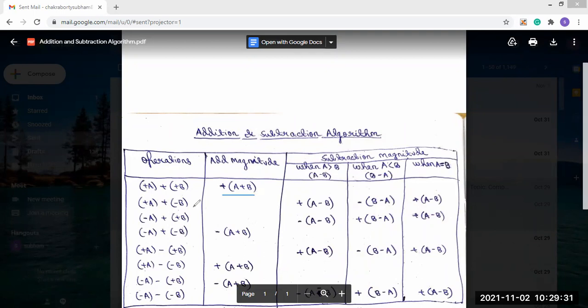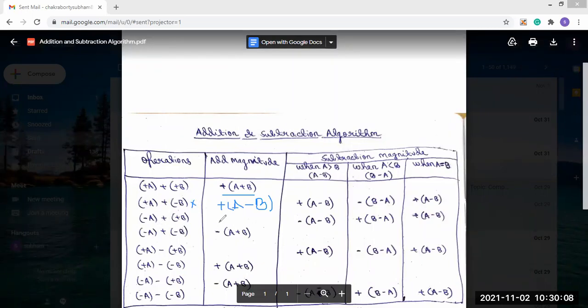But if we consider plus A minus B, then if we take this common, it will be A minus B. So we cannot take this, because in the middle there is a minus. We cannot take this in our add magnitude.